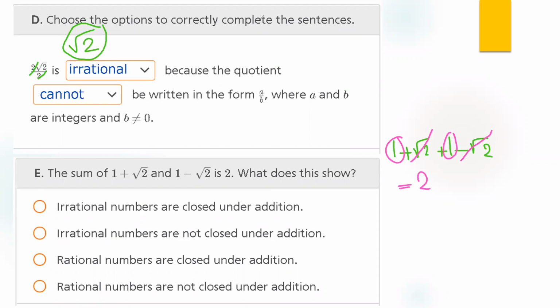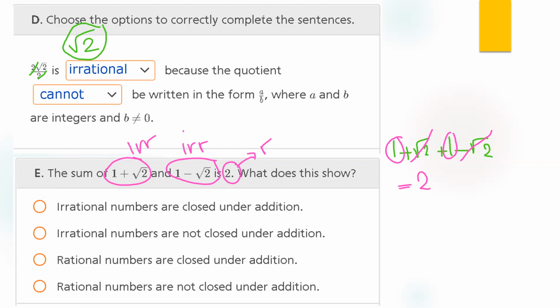So here, 1 plus square root of 2 is irrational, and 1 minus square root of 2 is irrational. But when you add them together, the answer is rational. So what does it mean? Are the irrational numbers closed under addition, or not closed under addition, or are the rational numbers closed or not closed?